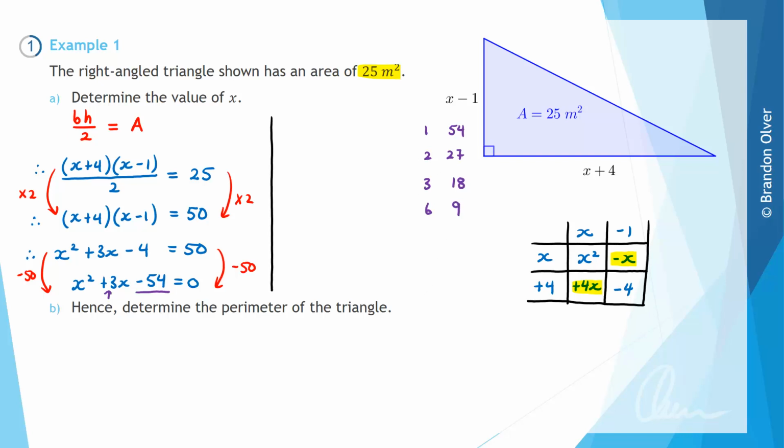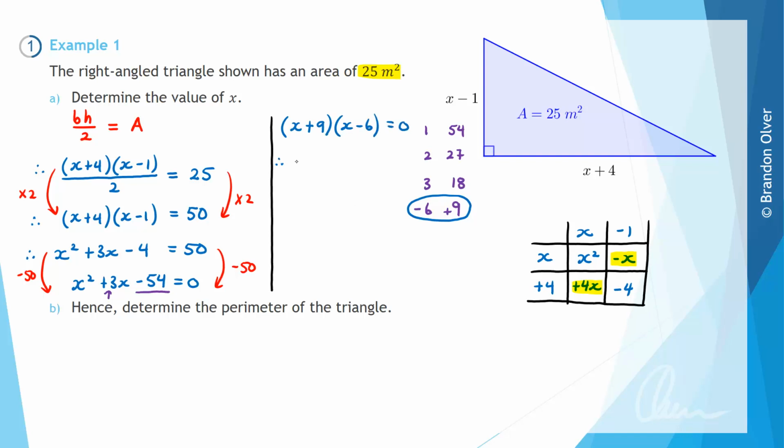Now one of these pairs does multiply to negative 54 and add to positive 3, and that is if we have negative 6 plus 9. Using these two values, we can factorize. We can turn this into x plus 9 multiplied by x minus 6 is equal to 0.